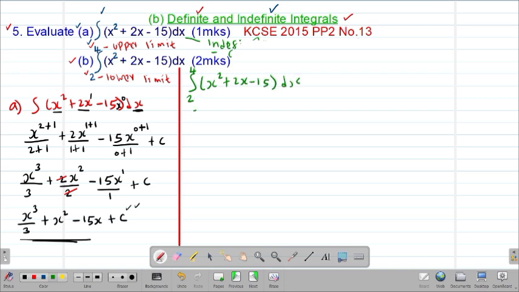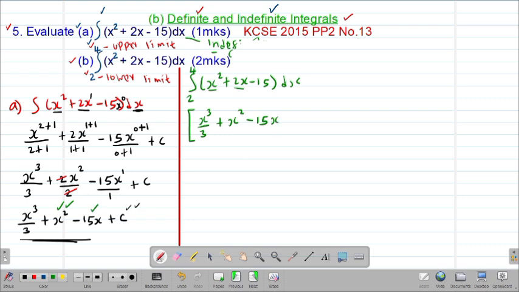If you integrate, we usually put the result in what we call square brackets. The integral of x squared gives x to the power of 3 divided by 3, plus the integral of 2x, which gives x squared, then minus 15x.